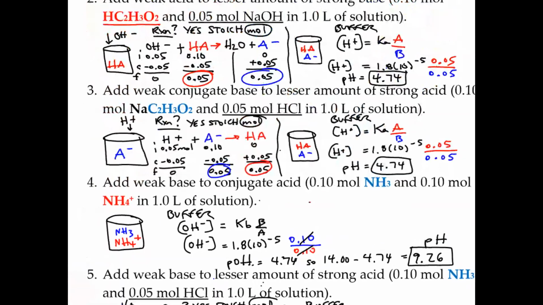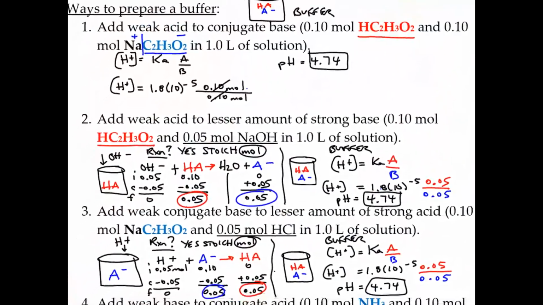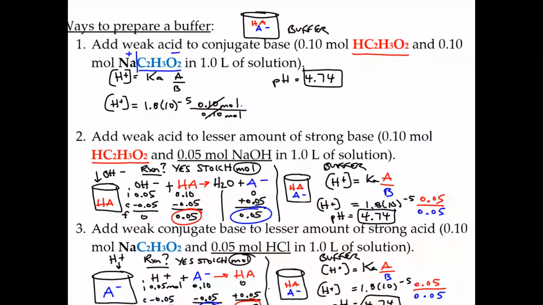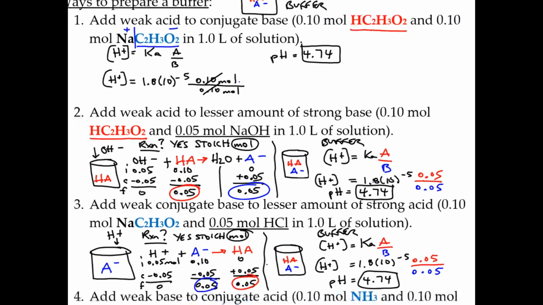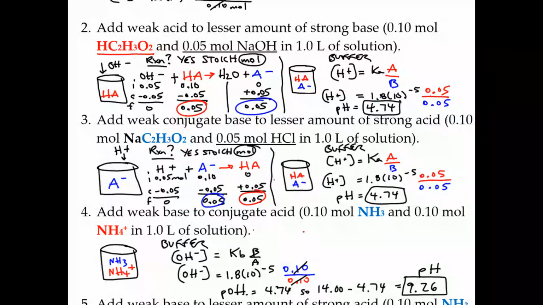The first way to make a buffer in the first example was to simply add the weak acid and its conjugate base together. The second way to do it is to take the weak acid and add a smaller amount of a strong base to make the weak acid partially turn into its conjugate.